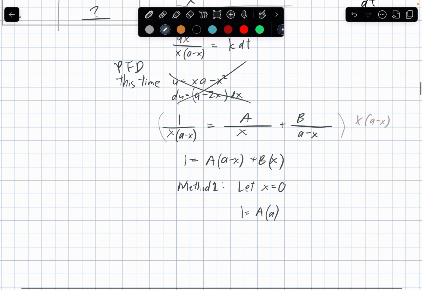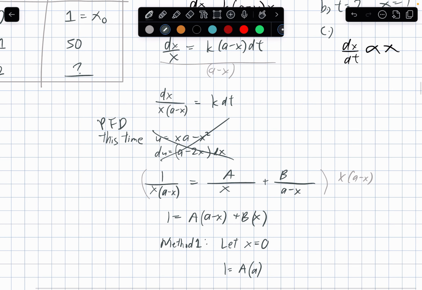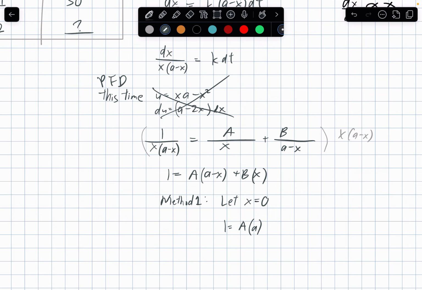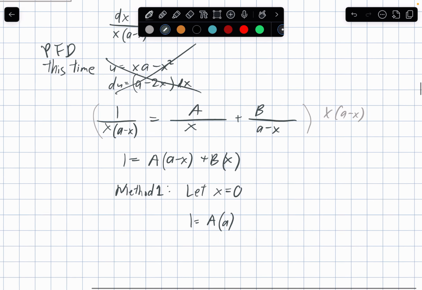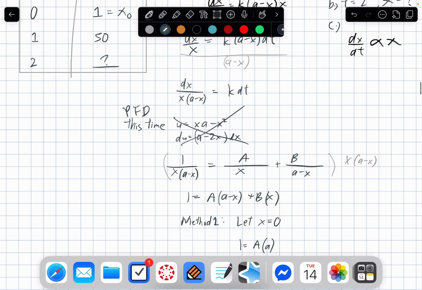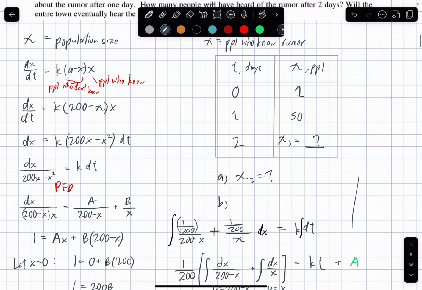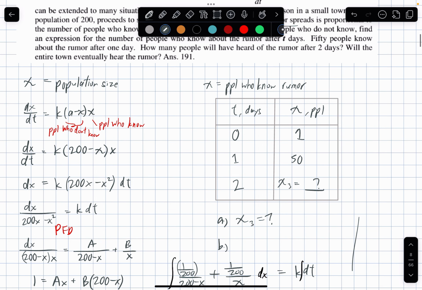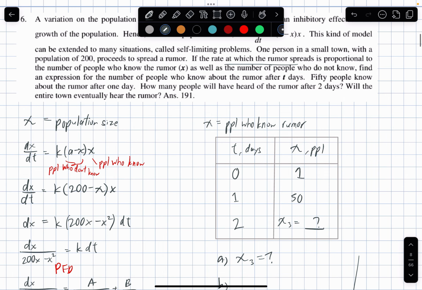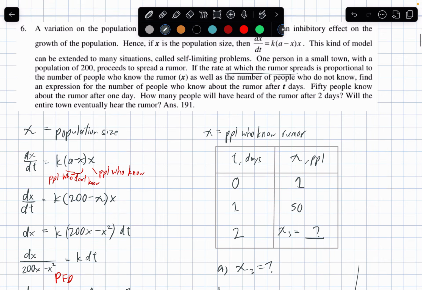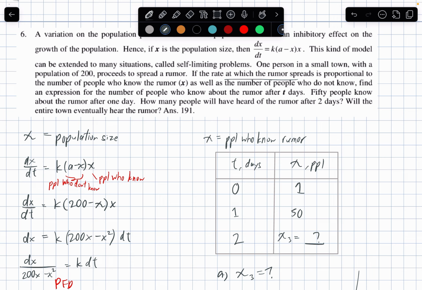Wait, we have another constant though. What do we do with that constant, the a constant? That's actually messing me up. Let me check my answer key. Ah, so a is the 200. I didn't know that.